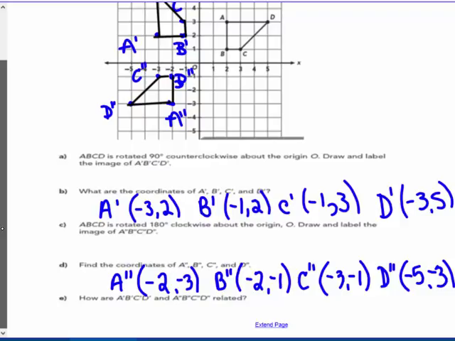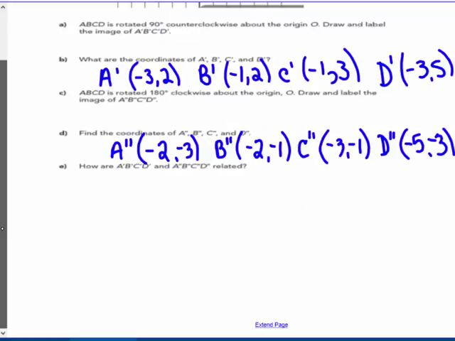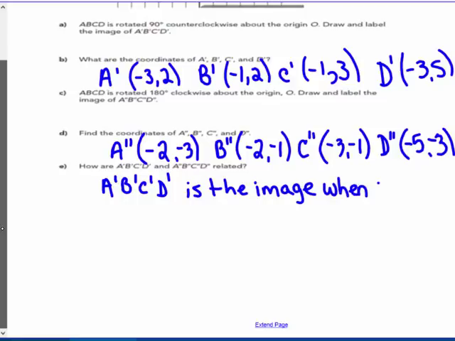And the last part here, E says, how are A prime, B prime, C prime, D prime and A double prime, B double prime, C double prime, D double prime related? Well, the single prime is the image, and the double prime is that rotated.